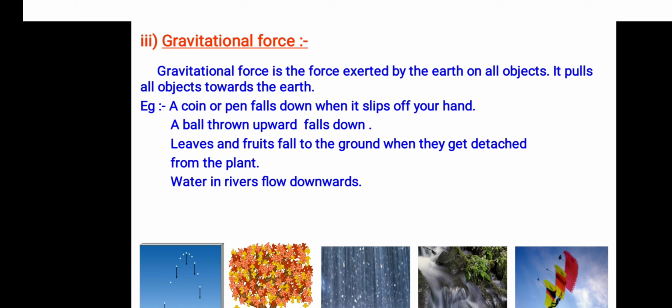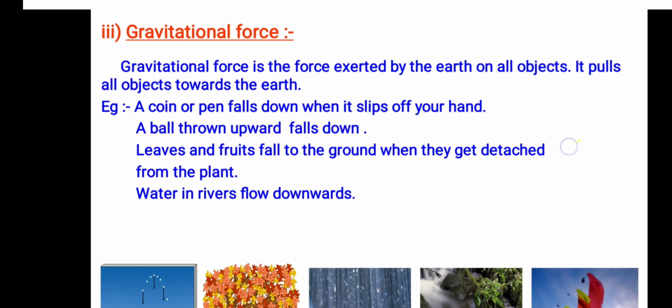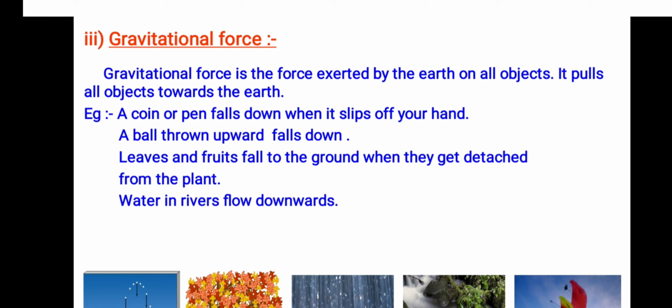Water begins to flow towards the ground as soon as we open a tap. Water in rivers flows downward due to the force of gravity. So, the point, it is a force exerted by the earth on all objects. It pulls all objects towards earth.